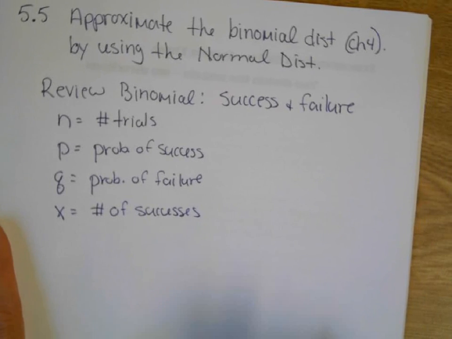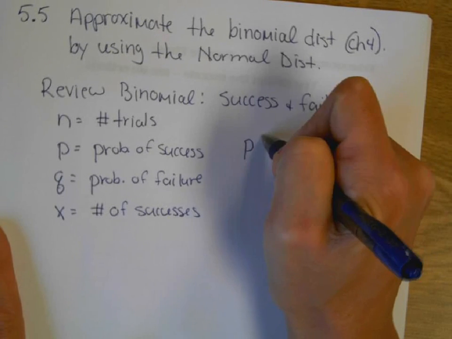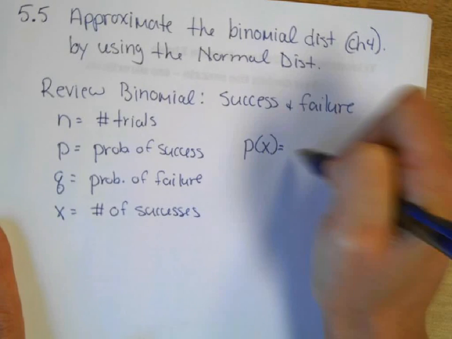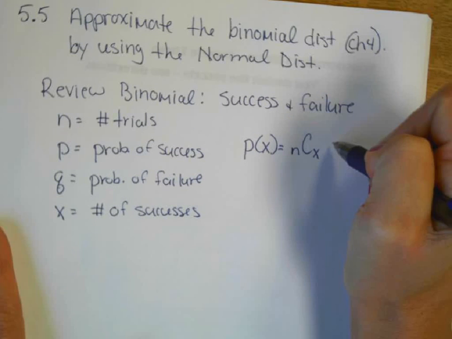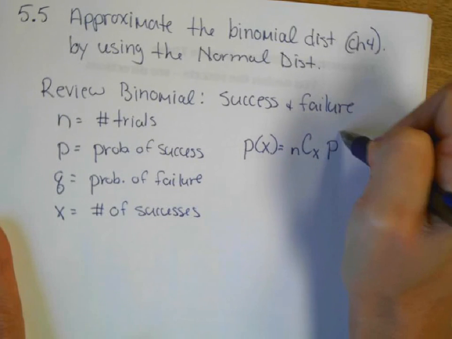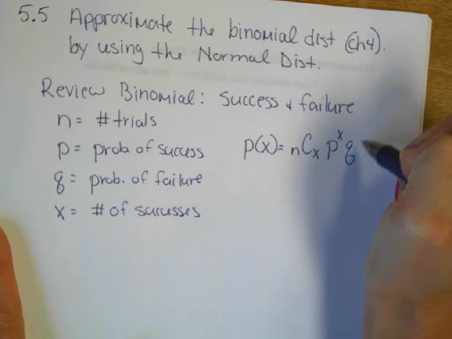And our formula to get the probability of x successes was the ugly one: nCx multiplied by p raised to the x multiplied by q raised to the n minus x.